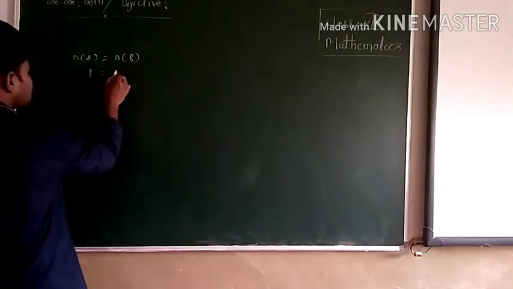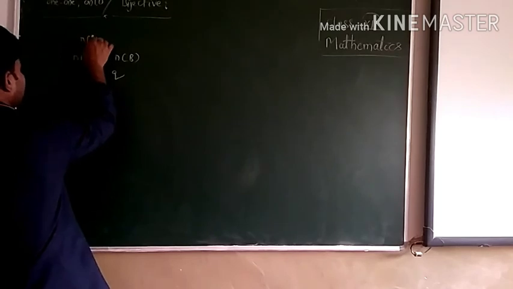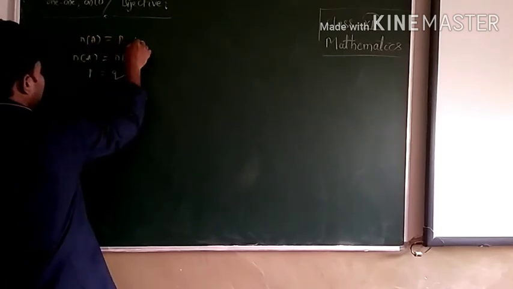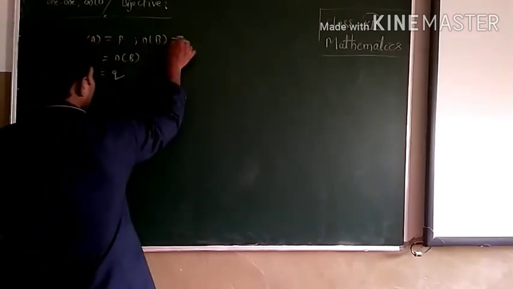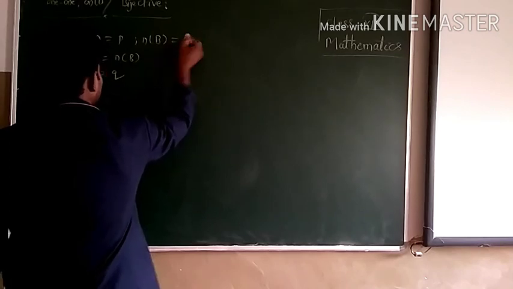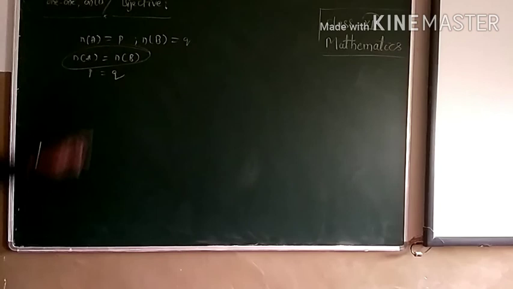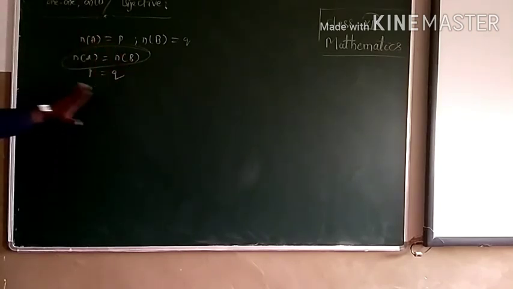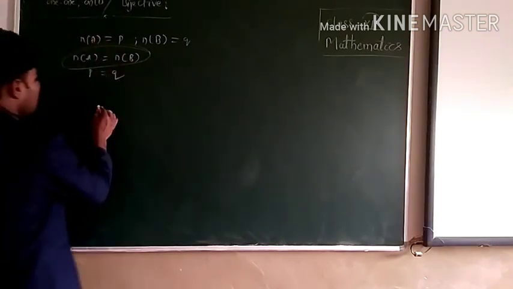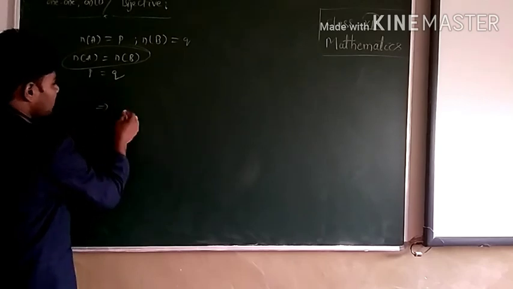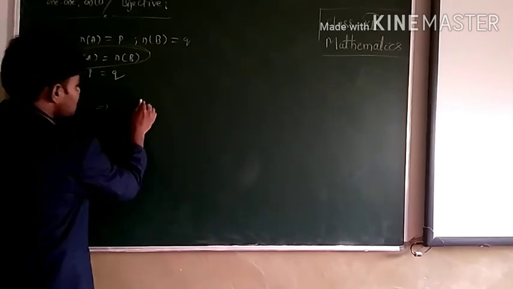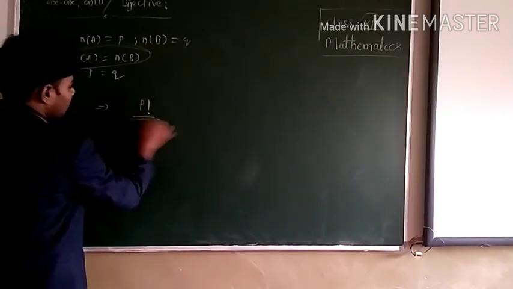If we consider n(A) equal to p and n(B) equal to q, then if n(A) is equal to n(B), then only we can find the number of bijective functions. Then p is equal to q. So the number of bijective functions from A to B is p factorial.